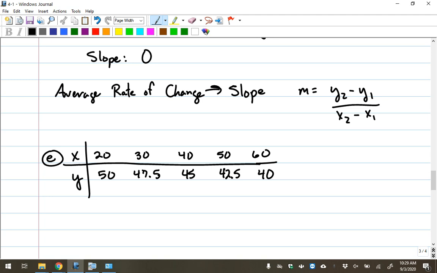If I were to graph these ordered pairs on a coordinate plane, what I would end up making is a scatter plot, and I could pretty well tell that this looks linear because the y values, how much are they changing each time? 50 to 47.5 is 2.5. 2.5 again to get to the 45. It's a pattern there, right?